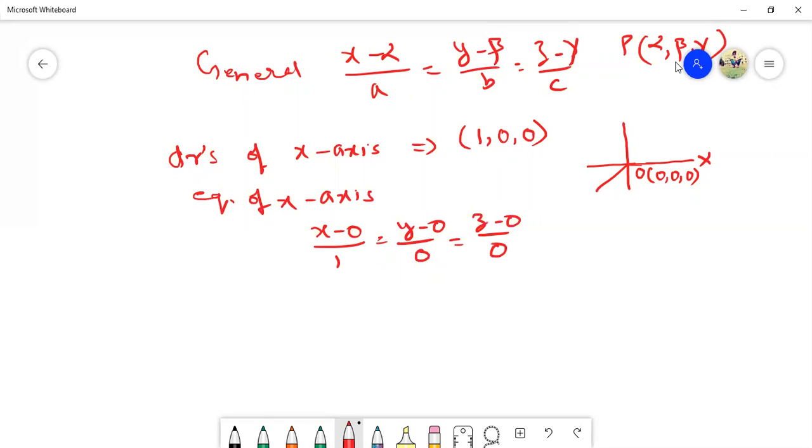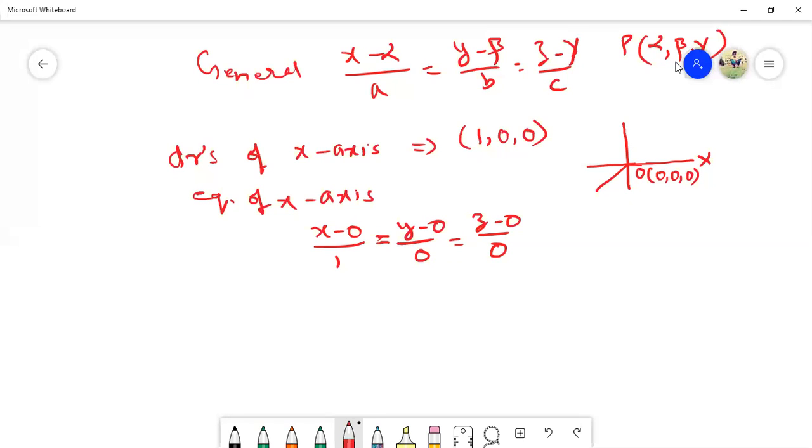Now you might think we are putting 0 in the denominator, so it will become infinity. No, we are not going to find a value here; we are going to represent the line. This is the way of representing a line in 3D. Whether we get 0 in the denominator or not doesn't matter.